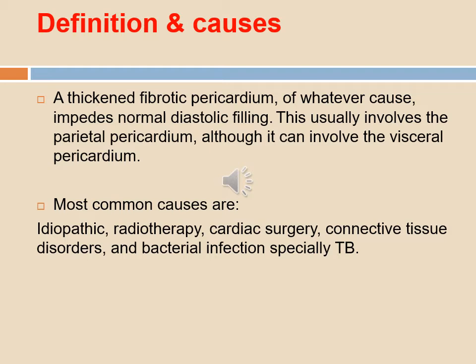This usually involves the parietal pericardium, but sometimes it may involve the visceral pericardium too. The causes of constrictive pericarditis are similar to the causes of acute pericarditis too, such as idiopathic, after radiotherapy, after a cardiac surgery, some of the connective tissue disorders, most of which are autoimmune diseases, and of course a bacterial infection like tuberculosis.